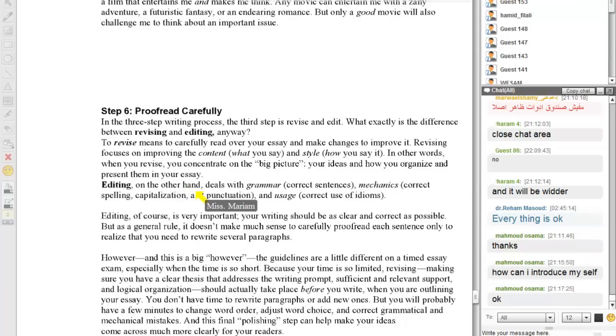But editing, on the other hand, deals with grammar, to correct sentences, and the mechanics, to correct spelling, capitalization, punctuation, and the usage of idioms, or sometimes, as I told you, collocation, when you use some words with others, like we say do homework, or we say go shopping.